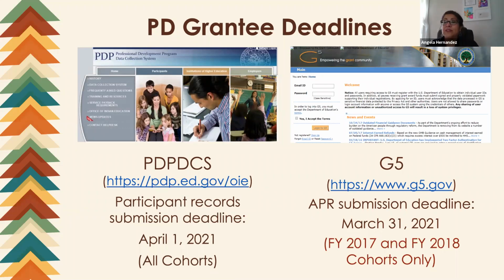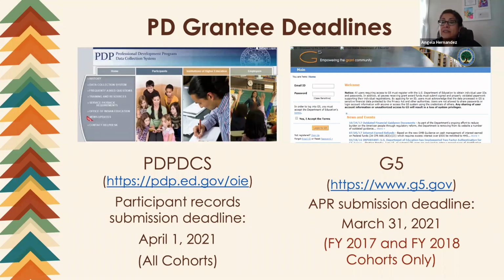For those of you with a final performance report, you would have already received a guidance letter, a notification letter, back in December that set a list of dates by PR award number when your final performance report would be due.